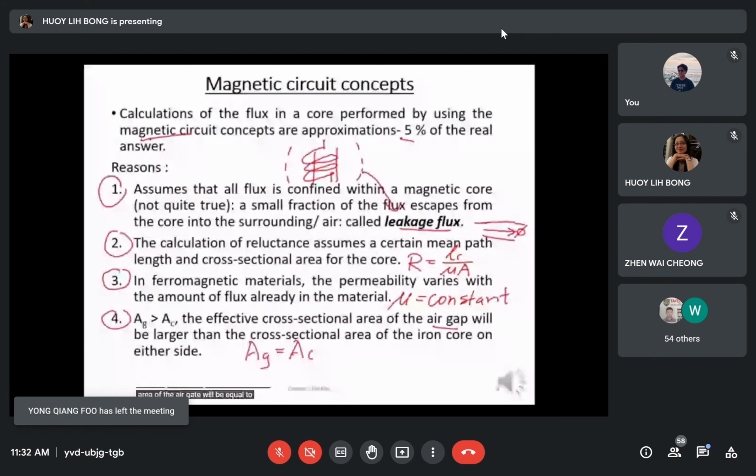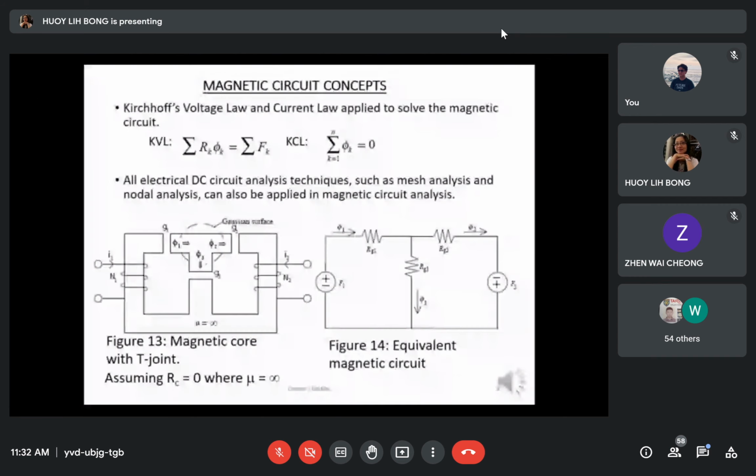Kirchhoff's voltage law and current law can also be applied to solve the magnetic circuit. As stated by KVL, the total MMF supplied will be the total MMF consumed, while by KCL, the total flux flowing into a junction will be equal to the flux flowing out of the junction.